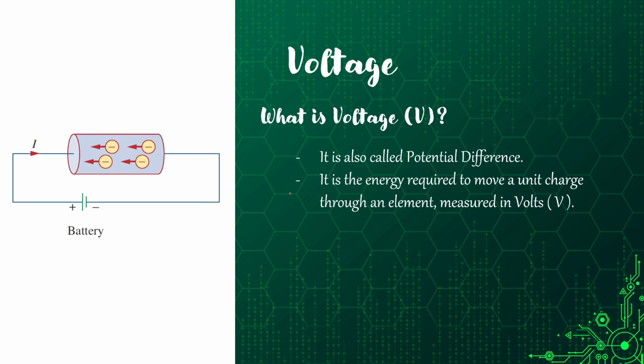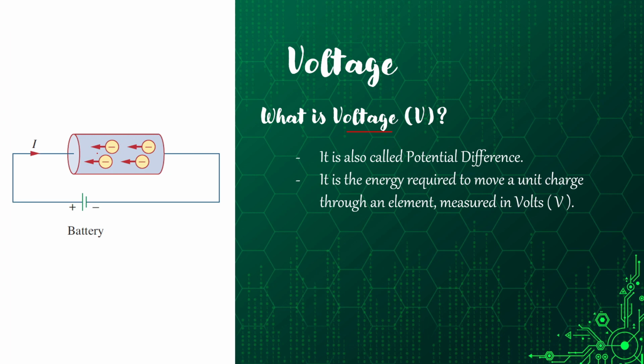And current is a measurement of the flow, or the rate of change of the charge. Now, what causes the electron to flow? The one that causes the electron to flow is the voltage. So if there is a voltage, it means there is an electron flow.